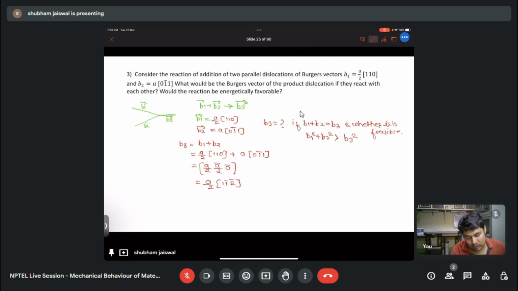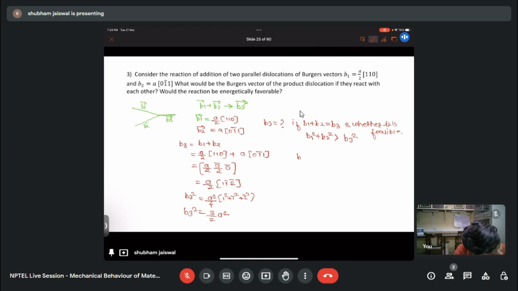B3 square will be a square by 4 into 1 square plus 1 bar square plus 2 bar square. This comes out to be 6 by 4, that is 3 by 2 a square. This is B3 square.